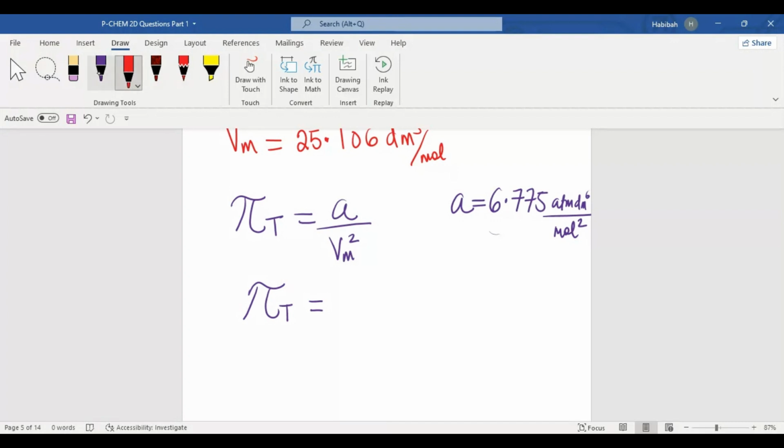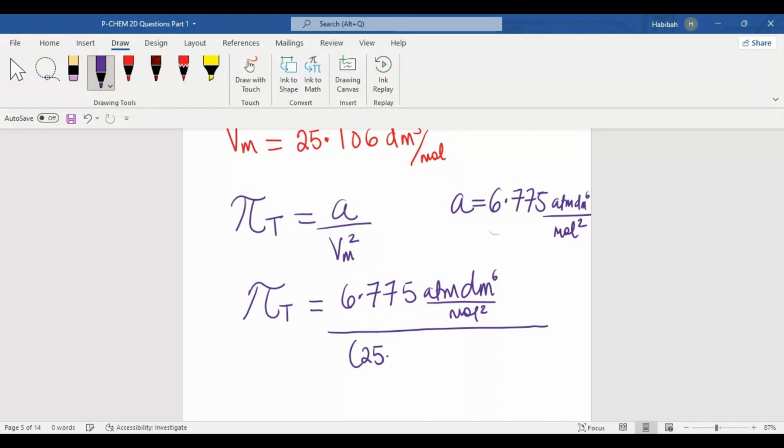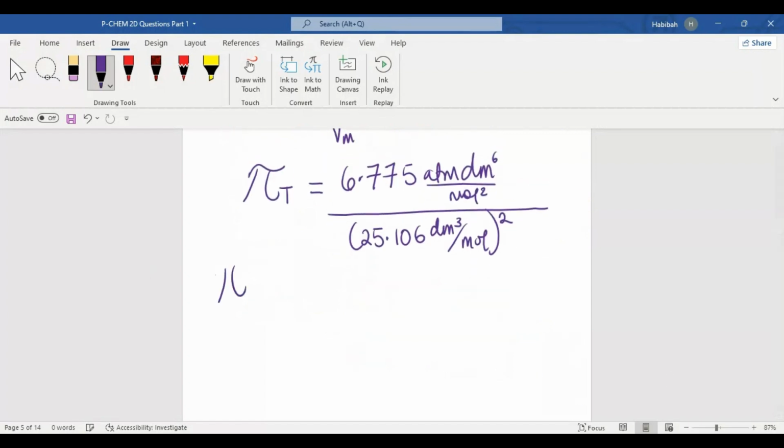So the A value is 6.775 atmosphere dm6 divided by mole squared, all of that information divided by 25.106 dm cubed per mole, all of this information squared. So we have pi sub t equals 6.775 atmosphere dm6 divided by mole squared divided by 25.106 dm cubed per mole squared.